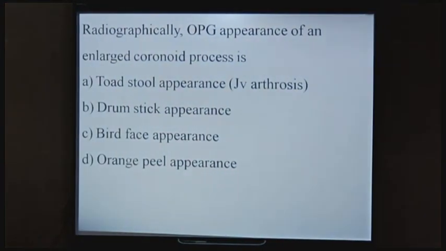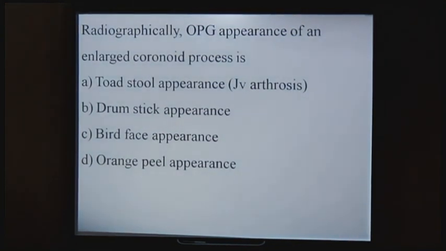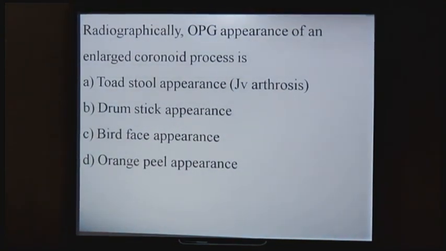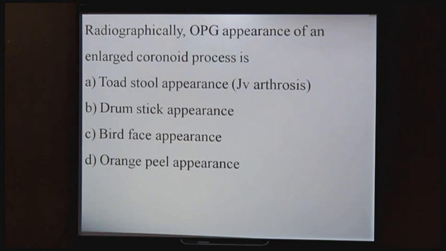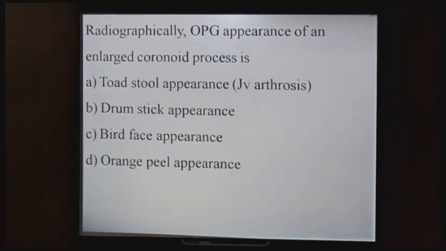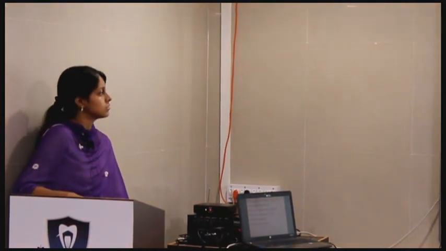Radiographically, OPG appearance of an enlarged coronoid process is... You have hyperplasia, hypoplasia of condyle. You have hyperplasia, hypoplasia of your coronoid process. So your hyperplasia of coronoid process appearance is called as a what?